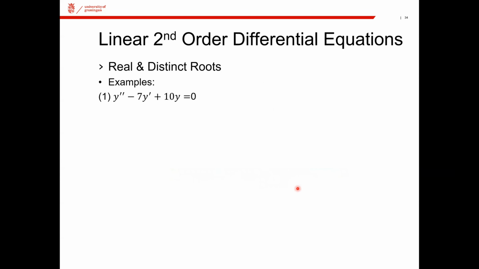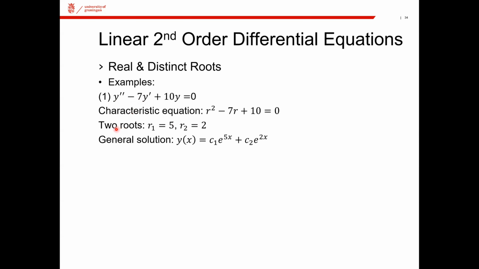Okay, let's look at some examples. The y prime prime minus 7y prime plus 10y equals 0. And the first step is to write the characteristic equation. So here r squared minus 7r plus 10 equals 0. And this equation will have two roots.